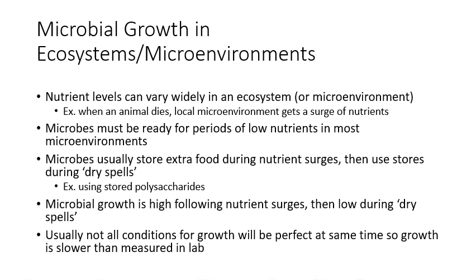And the levels of nutrients in a given microenvironment can vary a lot. So they might be quite low for most of the time, but there might be times when you have a sudden surge in nutrients. For instance, if we're talking about the bottom of the ocean, anytime that an animal dies, especially a large fish higher up in the ocean, their corpse will sink to the bottom.